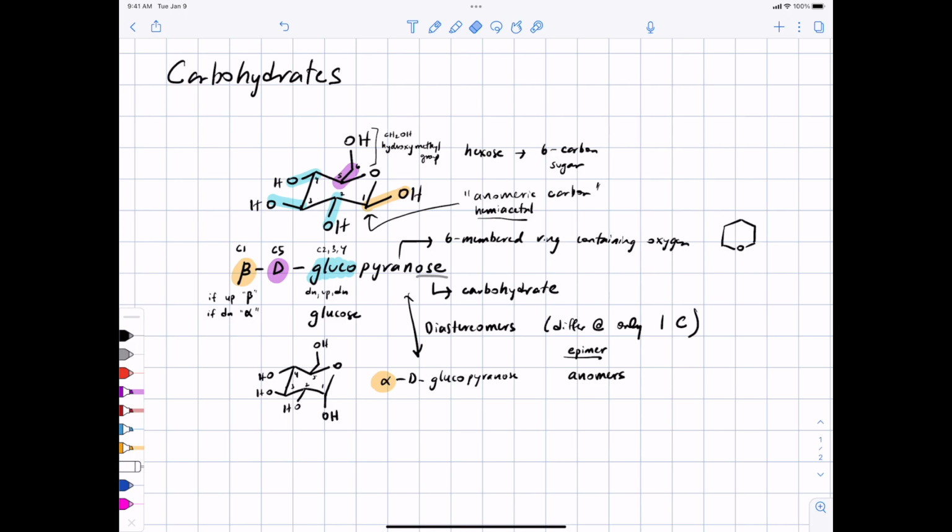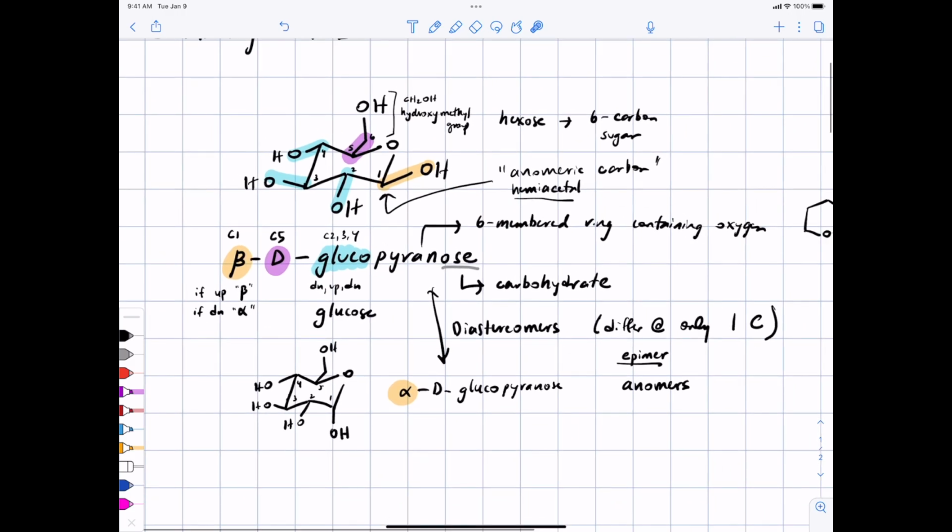All right, carbohydrates. We drew the structure of beta-D-glucopyranose, and we talked about what each portion of the name means and how that's reflected in the structural features.